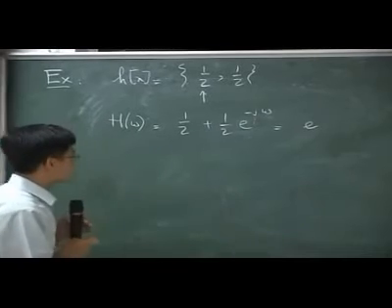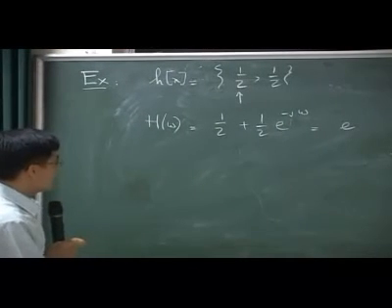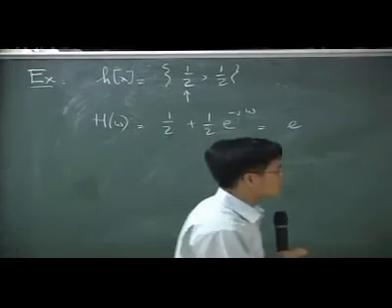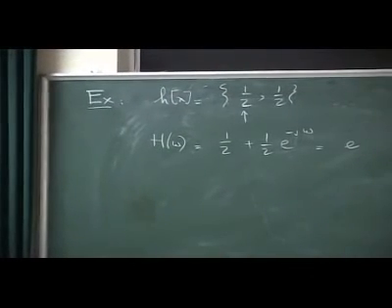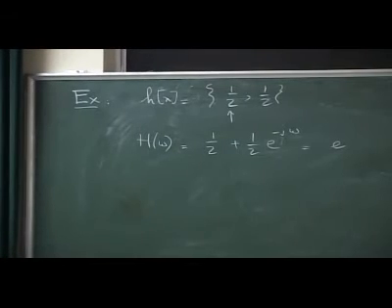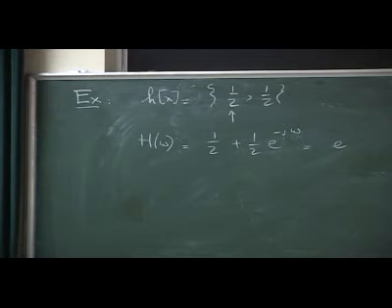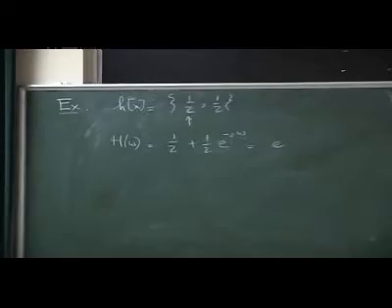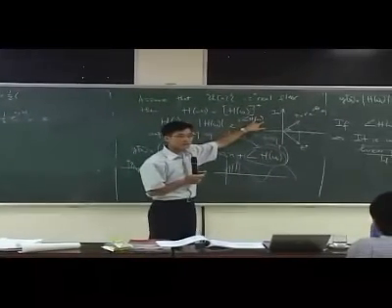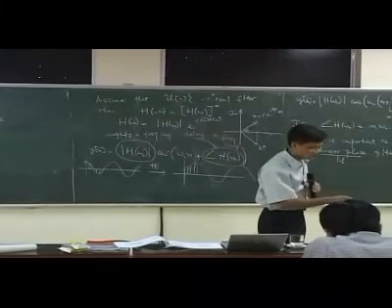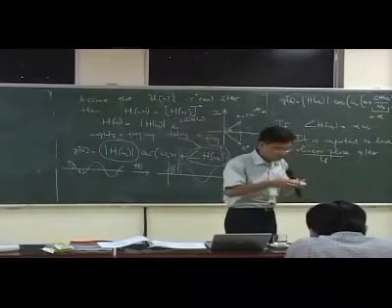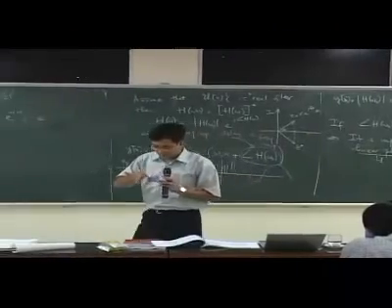The trick when we get to this is that I want to represent it in this form: something of a real number multiplied by e^(j something), a real number. Right? I want to represent it in this phase and magnitude form. So that's what we're trying to do.